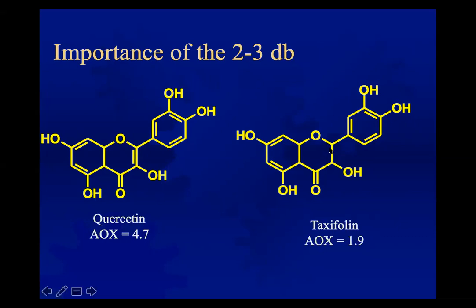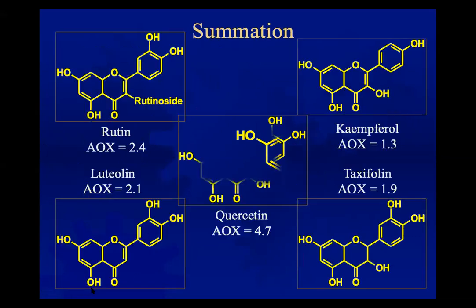So 2 to 3 unsaturation plus 3-hydroxy is crucial for antioxidant activity. So here, in summation, rutin, luteolin, these are different types of compounds, quercetin, kaempferol, taxifolin, they have different antioxidant activity depending on the substitution or connecting group at the 3 carbon, as well as unsaturation here, which is very important.